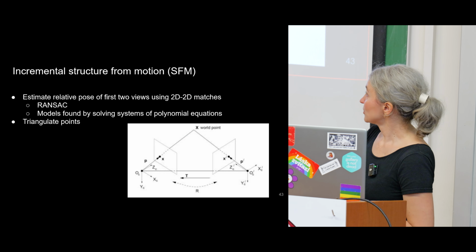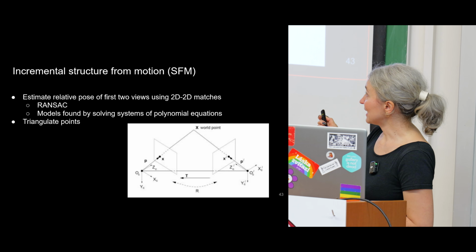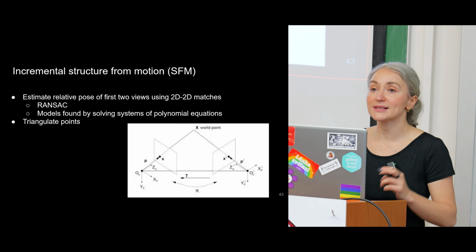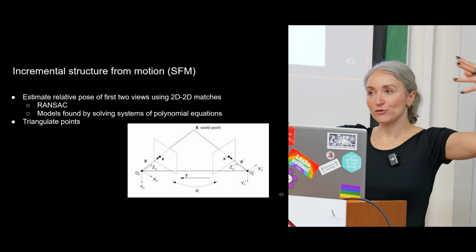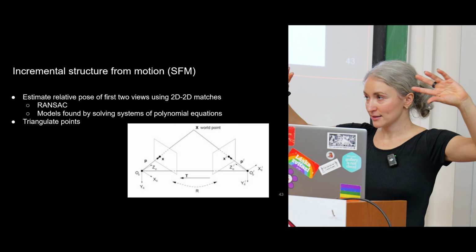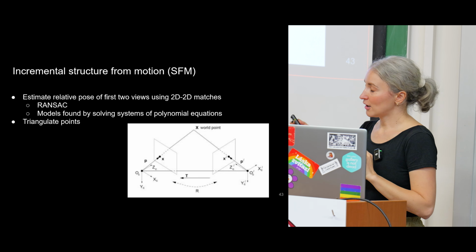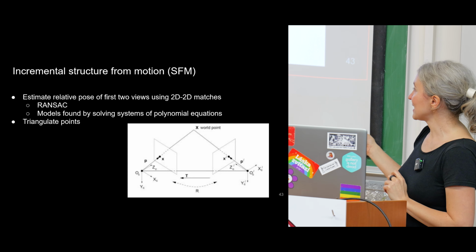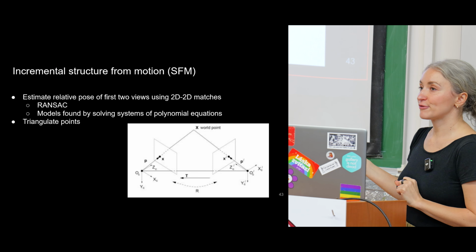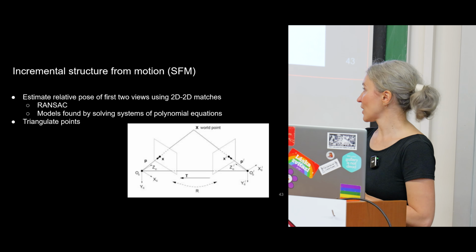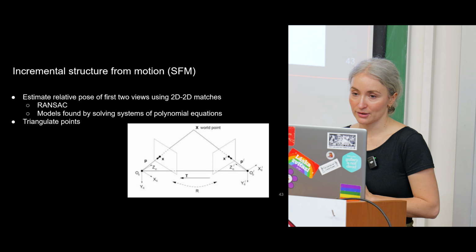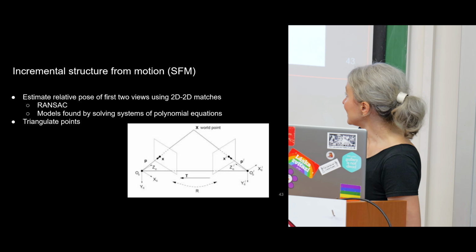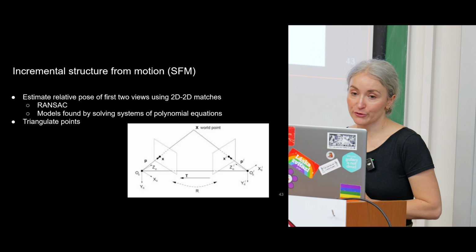What we want to do is incremental structure from motion. So once the pairs of the points are estimated, we will pick the first 2 cameras and we will estimate their relative pose, so their relative translation and rotation. And in this case, we can also do it with RANSAC.